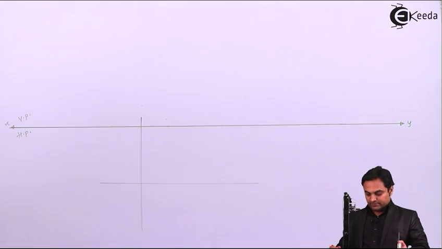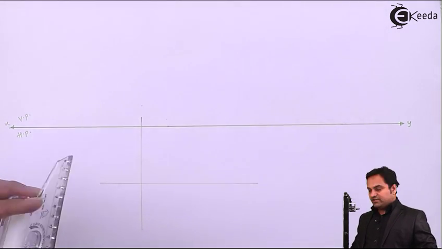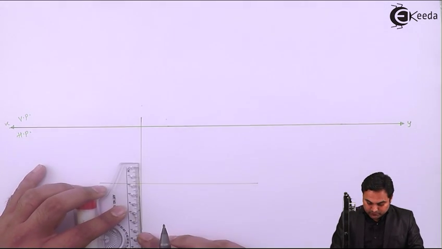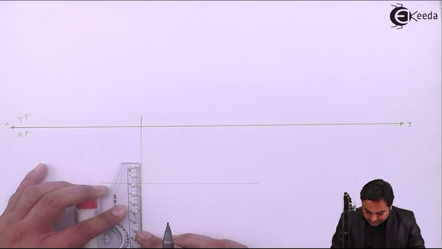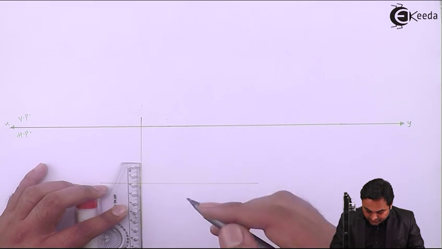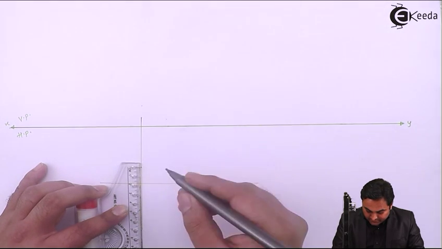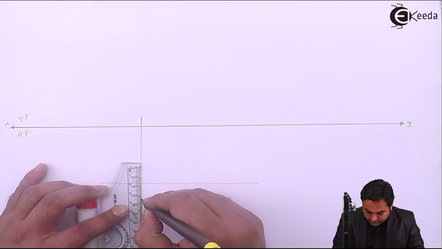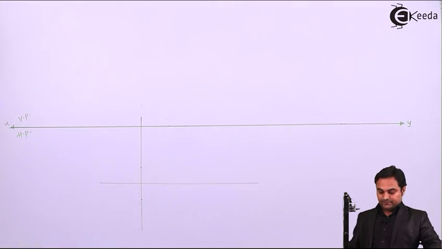Light vertical line. Then the side of base is given as 35, so I'll measure 17.5 on one side and 17.5 on the other side.